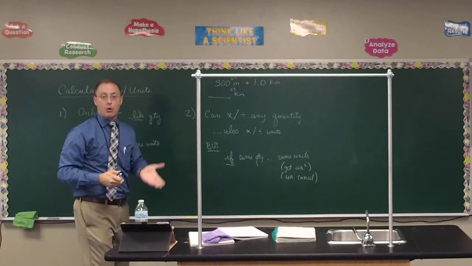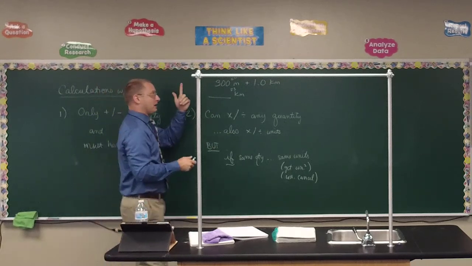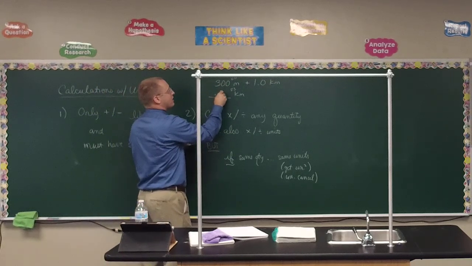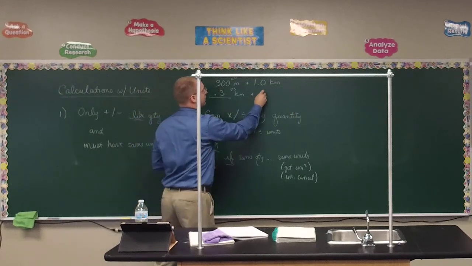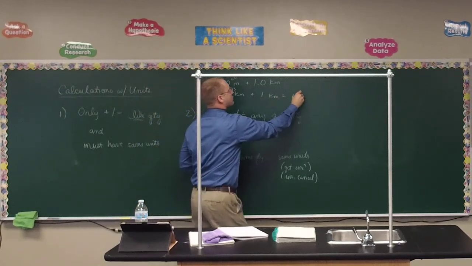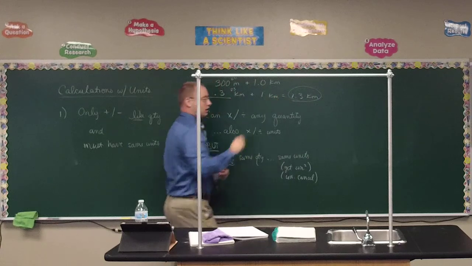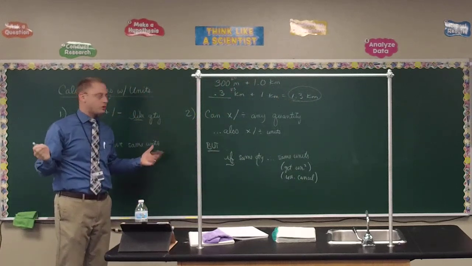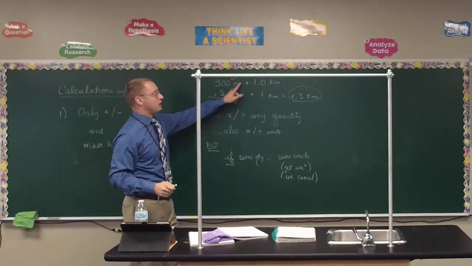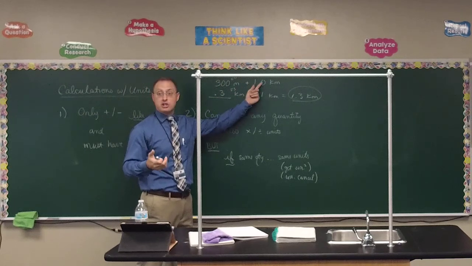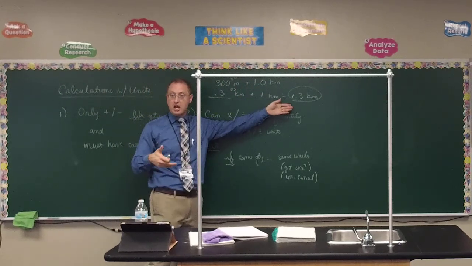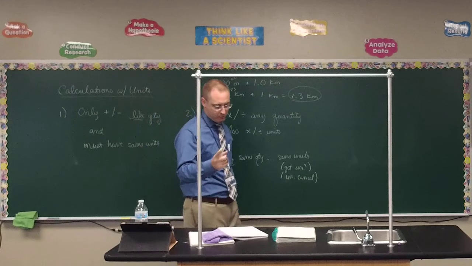Well, that's making my E go up 3, right? So up and left, I'm going to go to the left 3, I'm going to make this 0.3 kilometers. Plus the 1 kilometer equals 1.3 kilometers. Make sense? Or 300 meters plus, going the other way then, 1,000 meters equals 1,300 meters. Could have worked also.